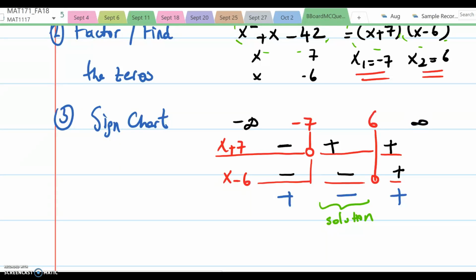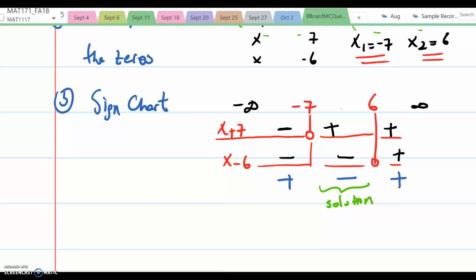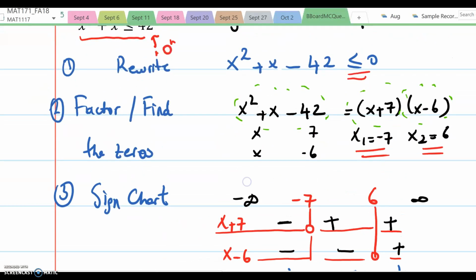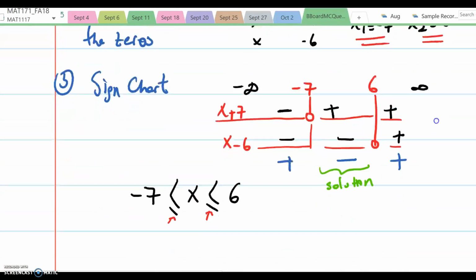This is what each interval represents. However, our solution lies between negative 7 and 6. And why did I put these equal signs? Because we want less than or equal to 0.